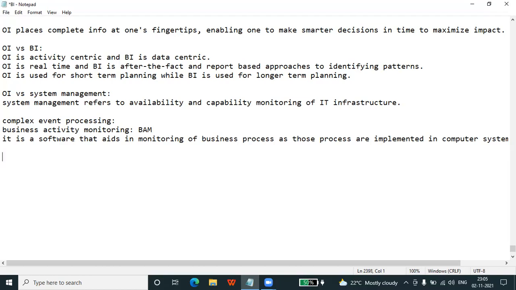Then finally, we have business process management. A business process management suite is the runtime environment where one can perform model-driven execution of policies and process, defined as BPM models.